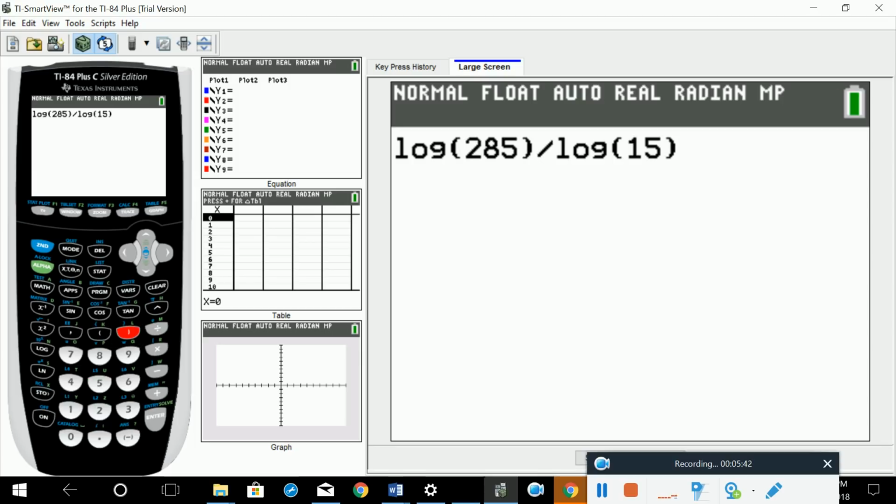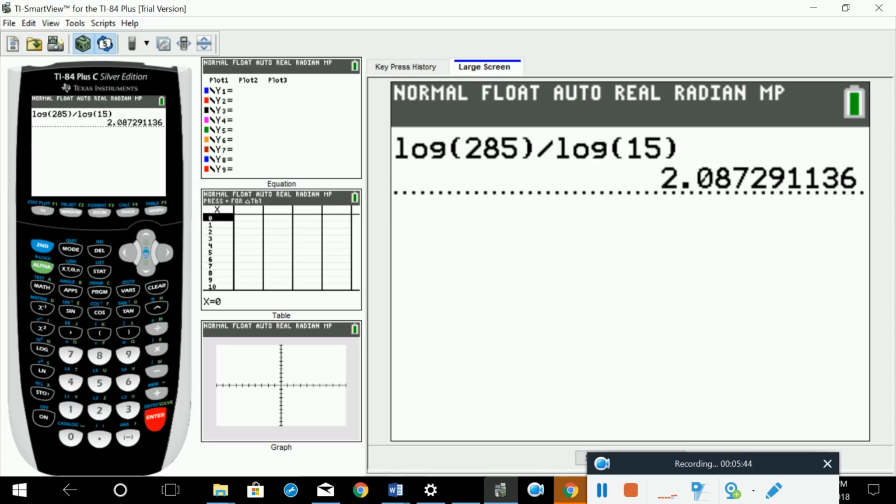And close that parenthesis and hit enter. So that number is approximately, let's go 3 decimal places, 2.087.